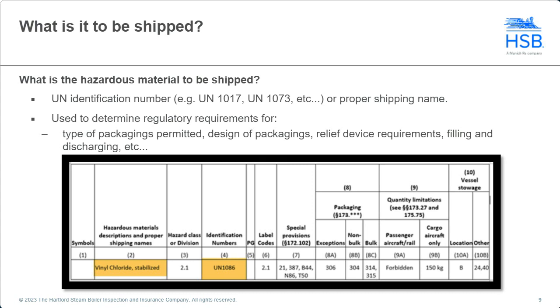So for the packaging that we're using, we would need to look at these requirements. The other thing that we would have to consider with that design is how it is going to be transported. We're going to talk about that on the next slide, but we have to look at the notes in columns 9 and 10 to see if they are applicable for the design of the portable tank.